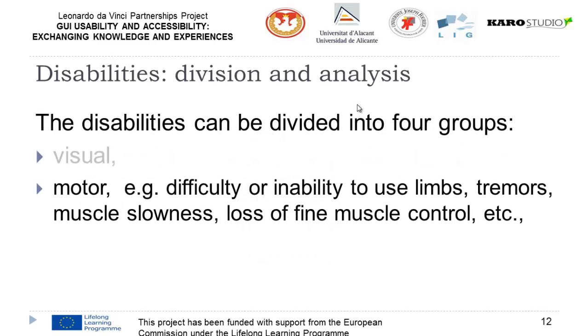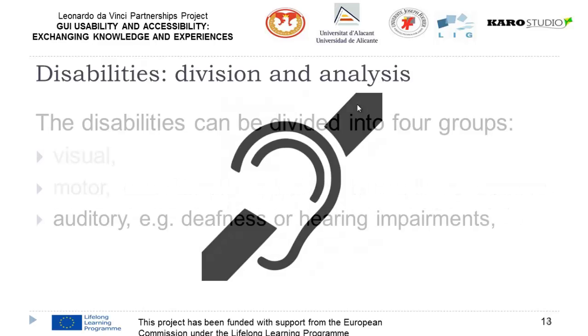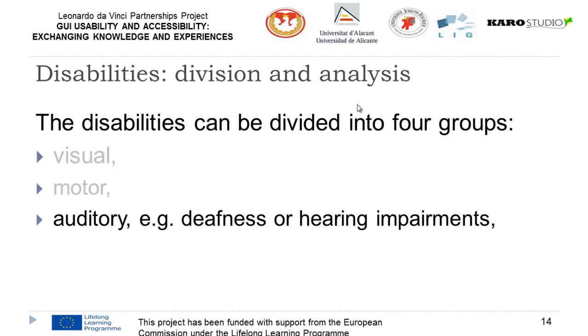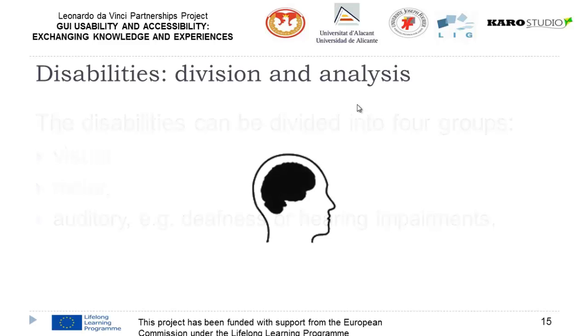Motor. Motor disabilities include difficulties or inabilities to use limbs, tremors, muscle slowness, loss of fine muscle control, etc. Auditory. For example, deafness and hearing impairments. Cognitive.